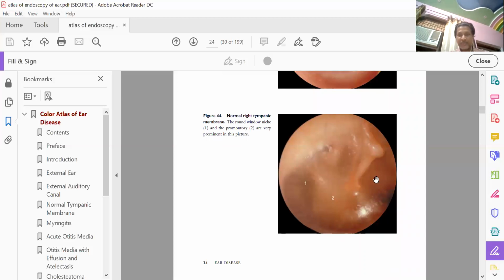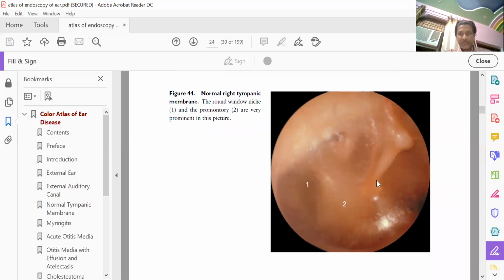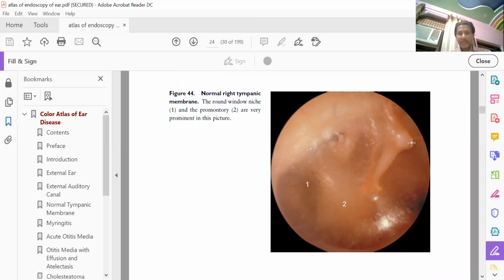First, let me slightly expand it for better appreciation. This is supposed to be a normal tympanic membrane. You can easily appreciate the lateral process of the malleus, and there is a cartilaginous cap on the lateral edge of the lateral process.